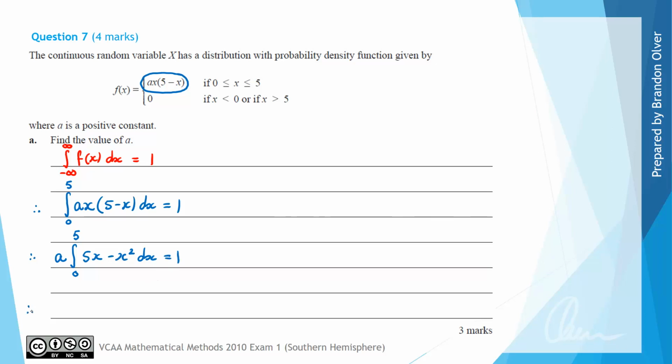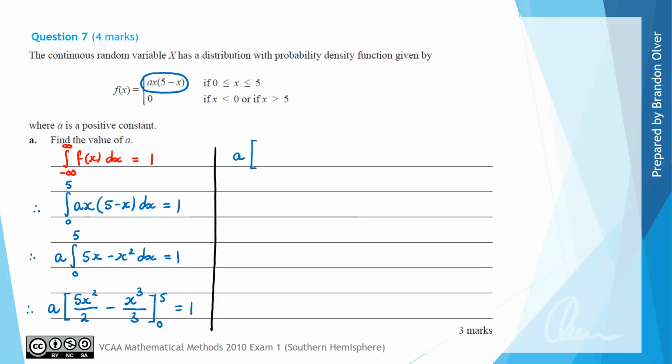Now performing the anti-differentiation, this is going to be a multiplied by 5x squared over 2, when you add 1 to the power and divide by the new power. Then we subtract x cubed over 3, adding 1 to the power and dividing by the new power, and we still go between 0 and 5, and that must equal 1.